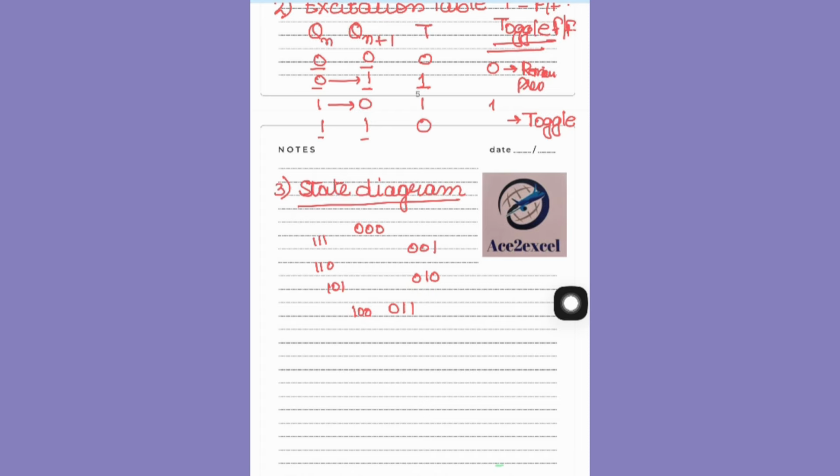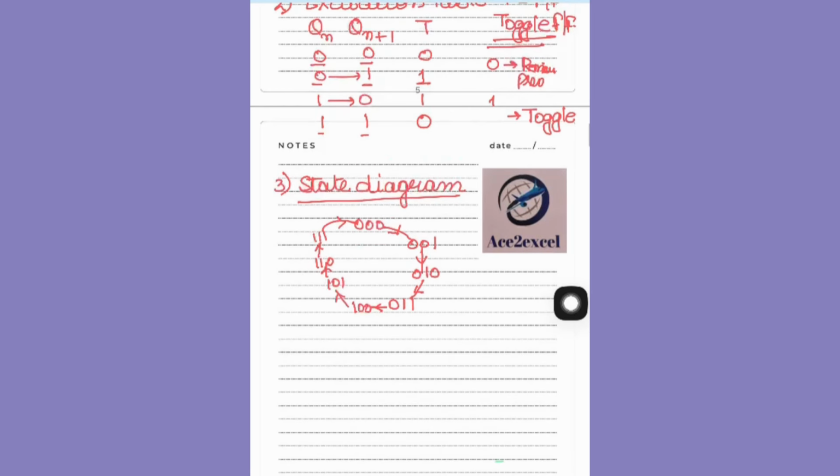These are the 8 states. And if it is an up counter, from 000 it changes its value to 001, then to 010, then to the next state, then to the next state, and in this way a closed loop between these 8 states is established. This makes our state diagram.